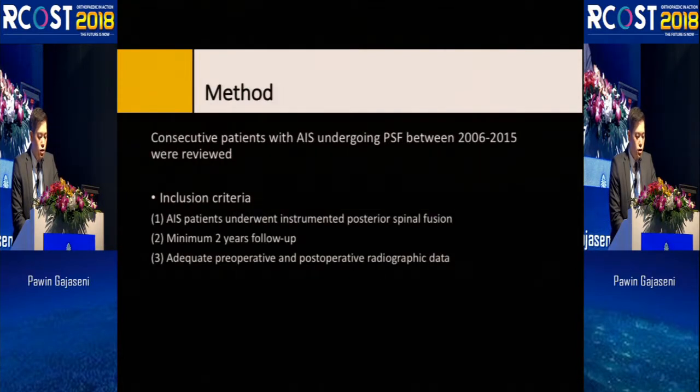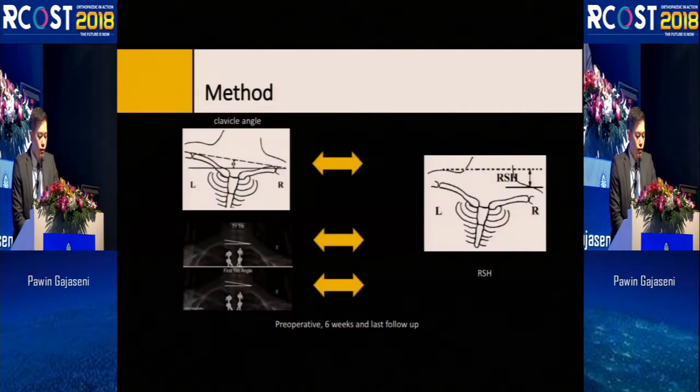The inclusion criteria were as follows, and patients who underwent previous surgery, reoperation, or had neurological impairments were excluded. The curves were classified using the Lenke classification. The radiographic analysis, preoperatively and at 2 years postoperatively, focused on the measures of shoulder balance, T1 tilt, and clavicle angle.